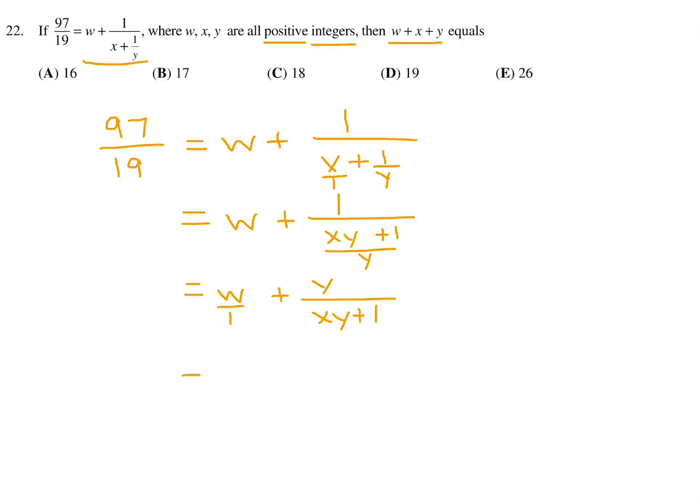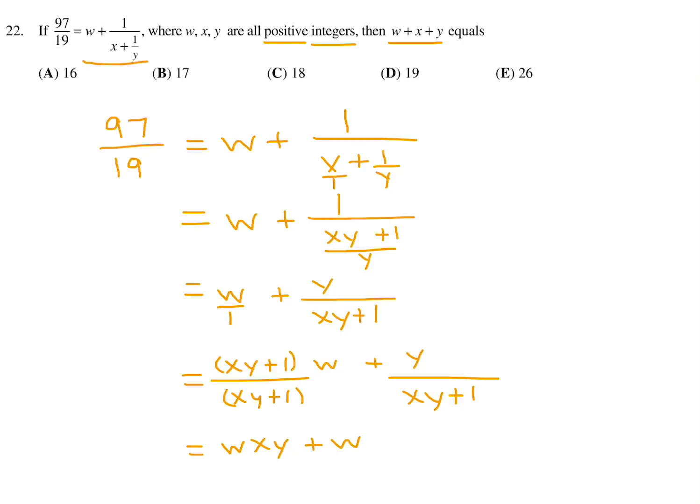And then for this, we're going to have a common denominator, xy plus 1, xy plus 1 times w plus y over xy plus 1. And this is going to give us wxy plus w plus y all over xy plus 1, and this is 97 over 19.